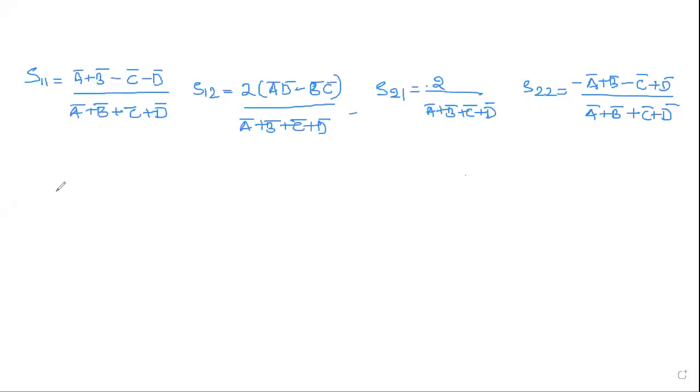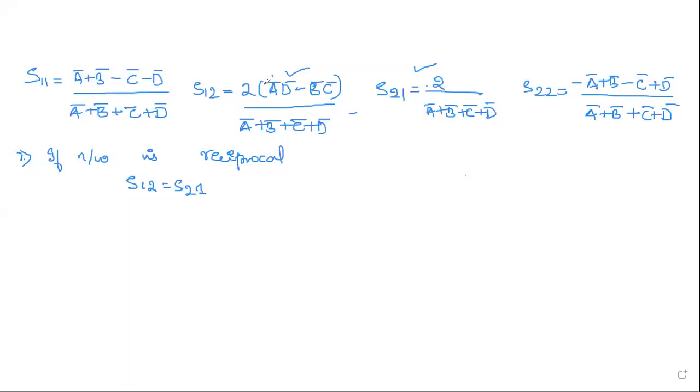The first condition is, if you are considering the network to be reciprocal, you know the condition: S21 should be equal to S12, or S12 should be equal to S21. So now you can check the equations of S12 and S21.